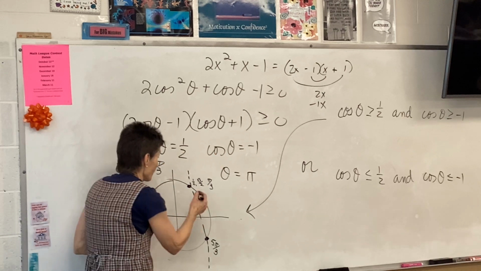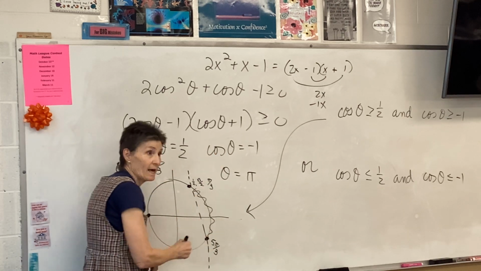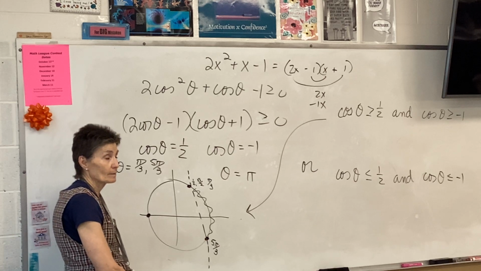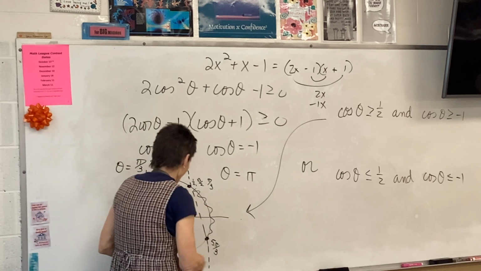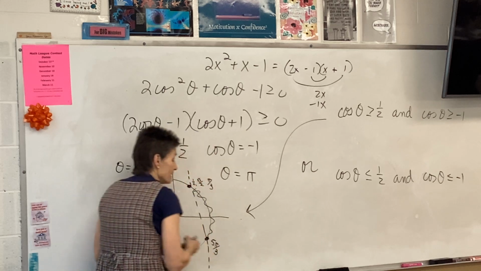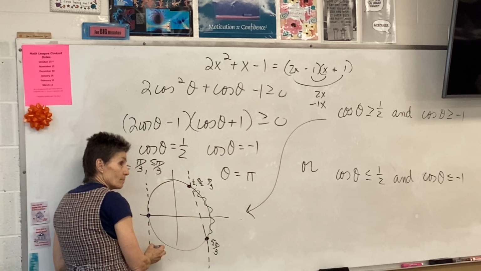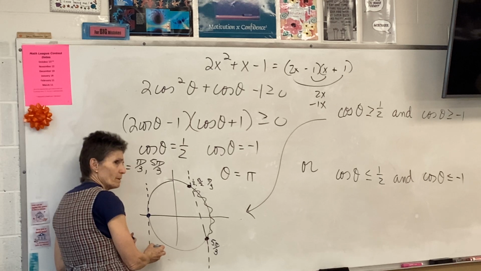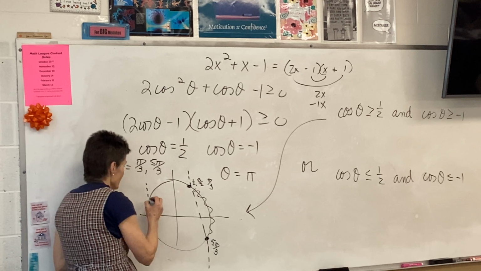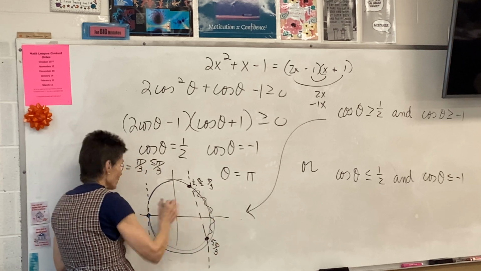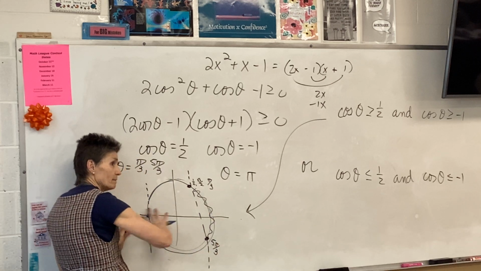So that means I want to be over here. Would you agree with that? I also want to be bigger than negative 1. Isn't the whole circle bigger than negative 1? So the whole thing's going to be blue. Everything is to the right of that point.